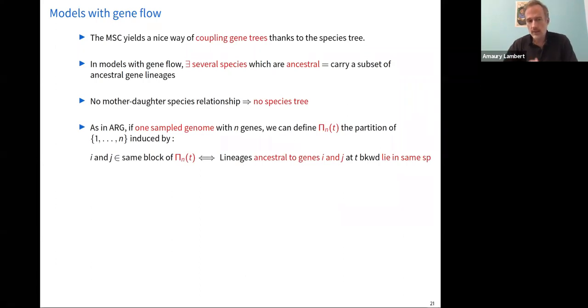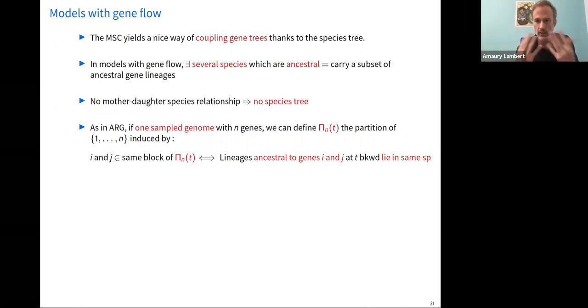But of course, as in the ancestral recombination graph, if you follow back in time the genes ancestral to one sample genome, one object of interest is the partition pi_n(t) of {1..n} induced by the relation of lying in the same species or not. As in the ARG, it was lying in the same individual or not.